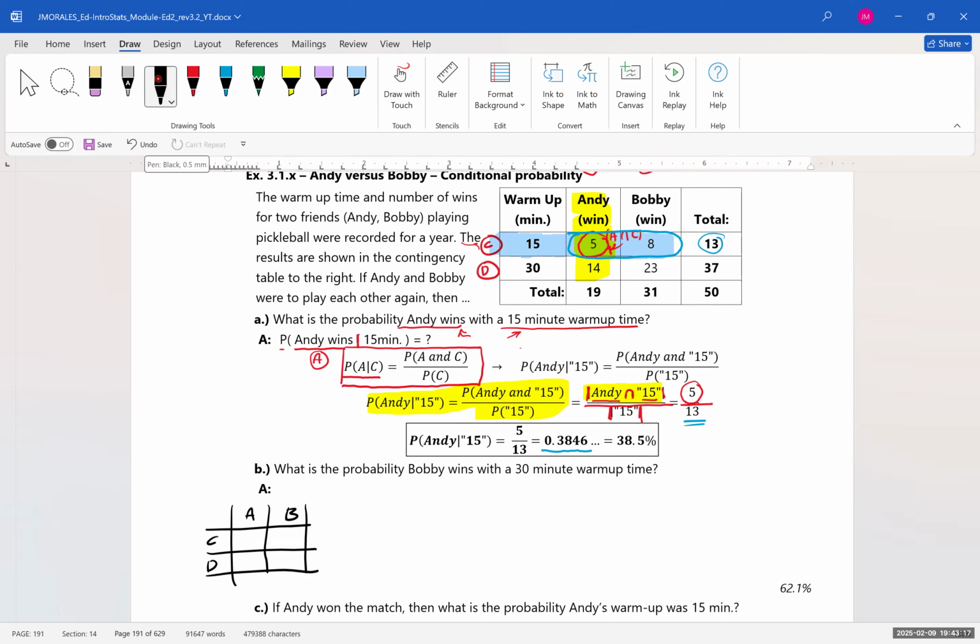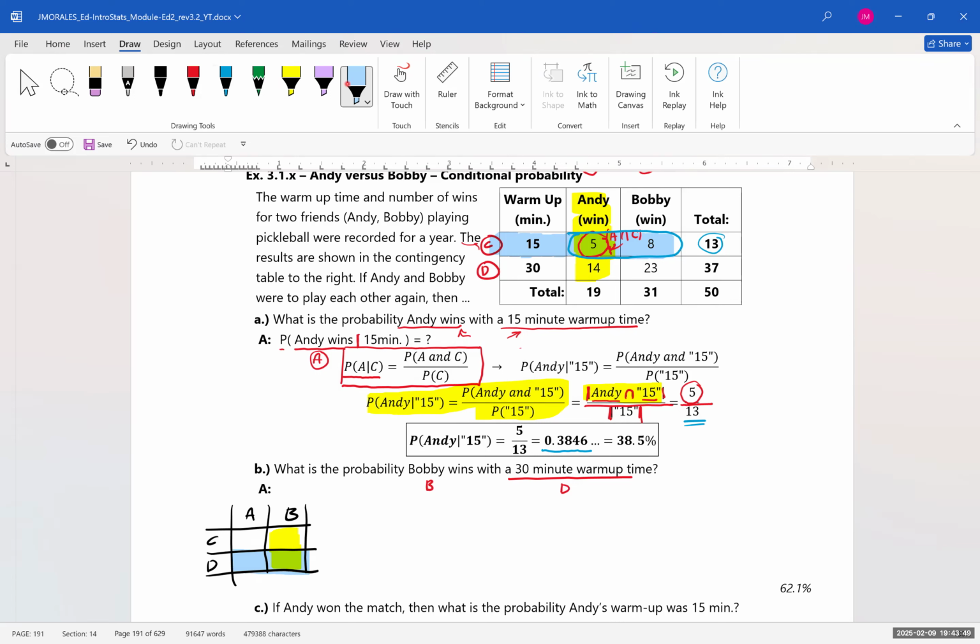So what is the probability that Bobby wins with a 30-minute warm-up? Okay, so in this contingency table, event B is going to be everything in this column. So event B is that Bobby wins, and a 30-minute warm-up is going to be event D. So that's going to be going across this way.